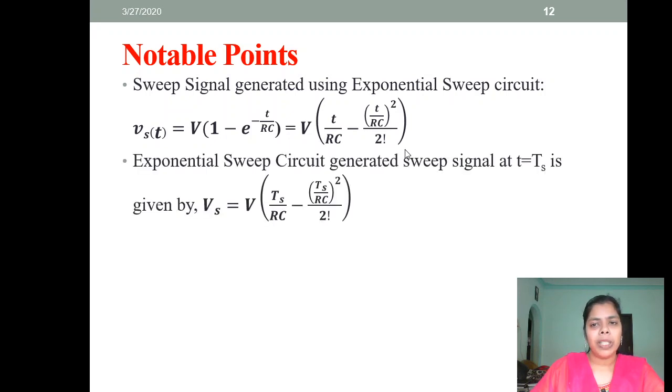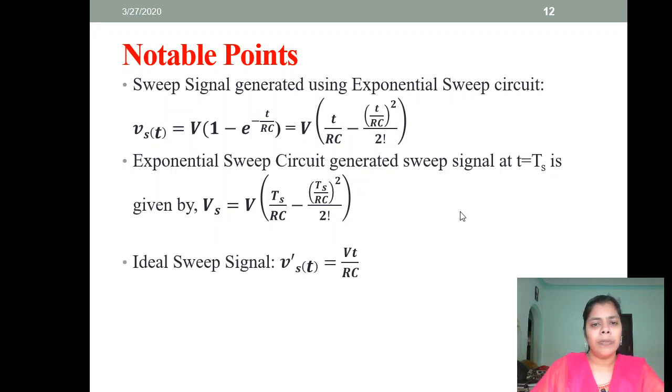And the sweep signal at t equal to Ts is given by capital Vs. In the derivation, we will be using small Vs of t as well as capital Vs. We should be able to differentiate these two elements. Small Vs of t is the generated signal and capital Vs is the generated signal at t equal to Ts.